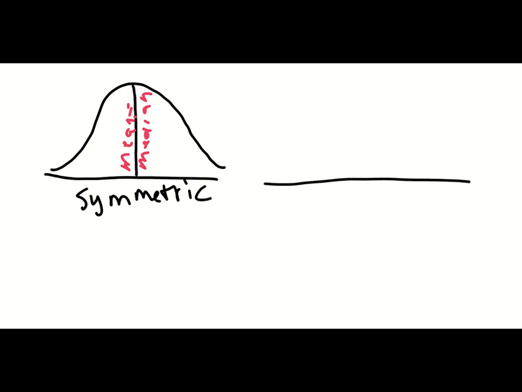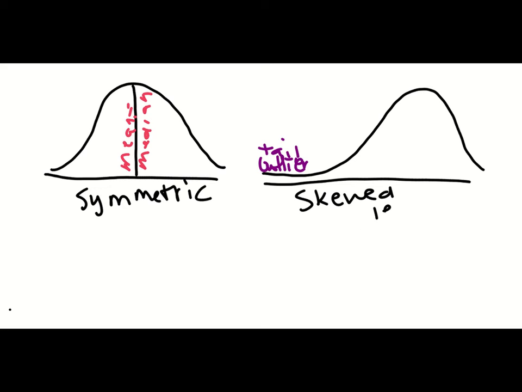If you have a graph that looks like this, where you have your outliers down here, or think of it like your tail down here, this is basically a skewed left graph. Your median will be somewhere over here, near the hump, but your mean will be lower.